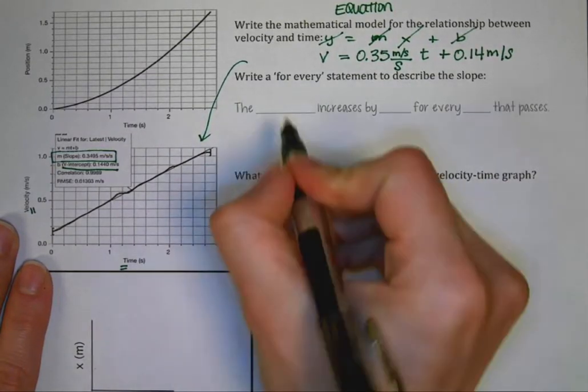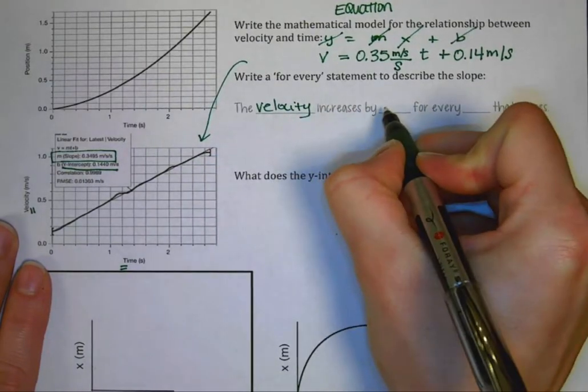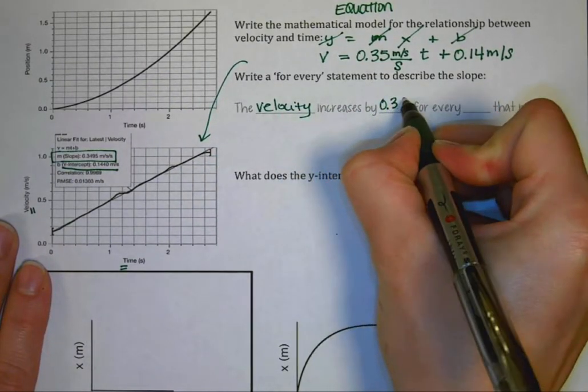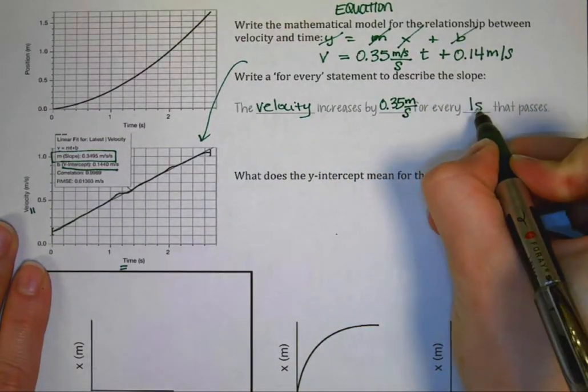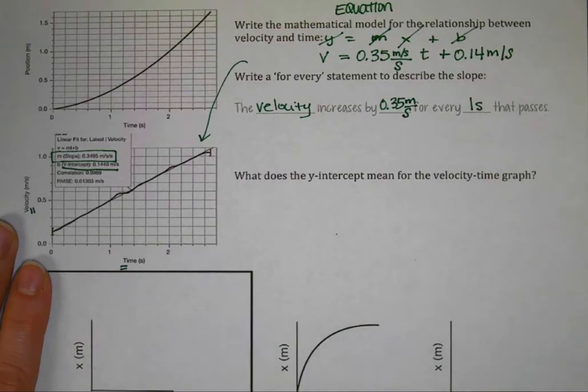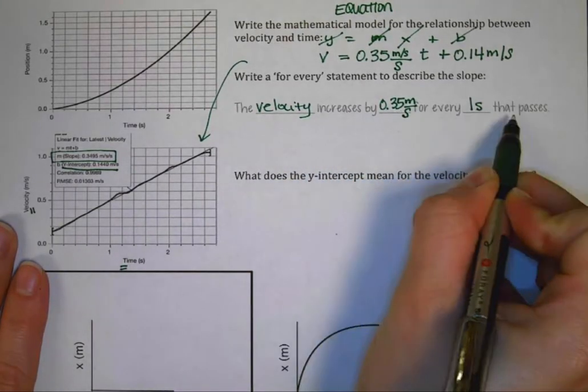So this one would be the velocity increases by the amount of 0.35 meters per second for every 1 second that passes. So instead of saying 0.35 meters per second, we're really saying what this 0.35 refers to with the meters per second, and then for every 1 second that's changing. If we were to reword this, the velocity is increasing by this much for every 1 second.